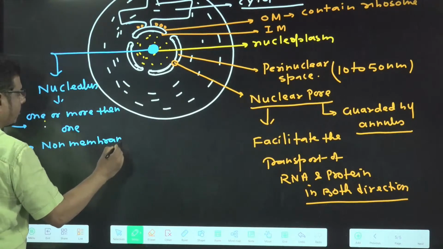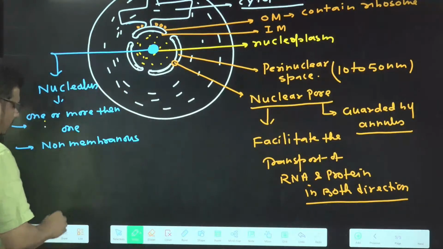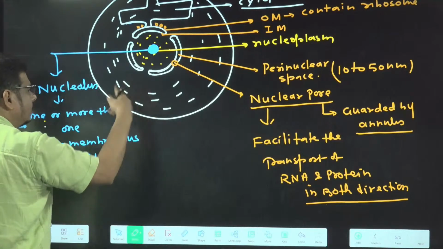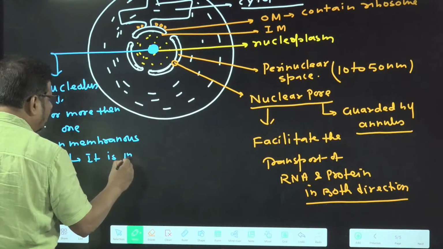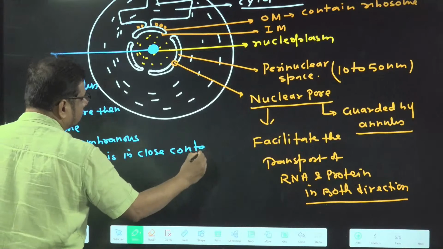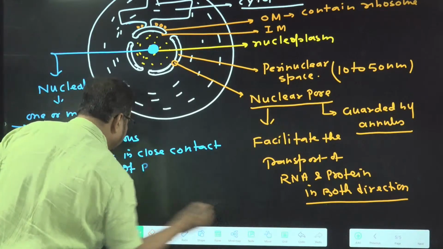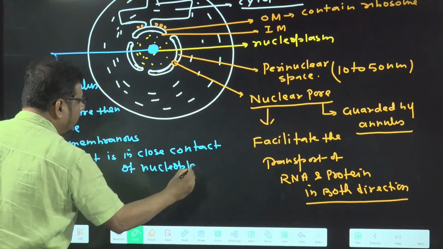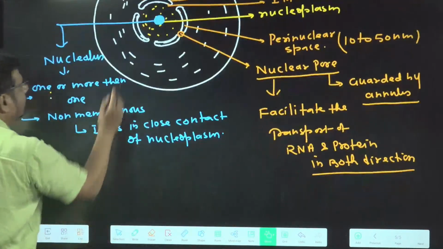Non-membranous means it is in close contact with the nucleoplasm. If a membrane is not there, it will not separate. No membrane is separating the nucleoplasm and nucleolus.